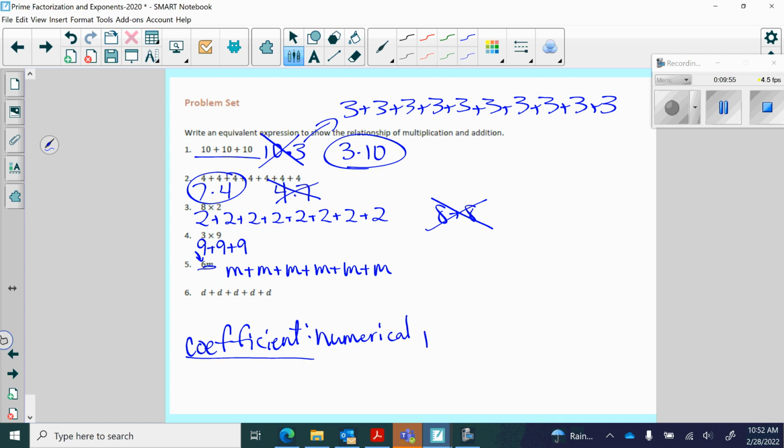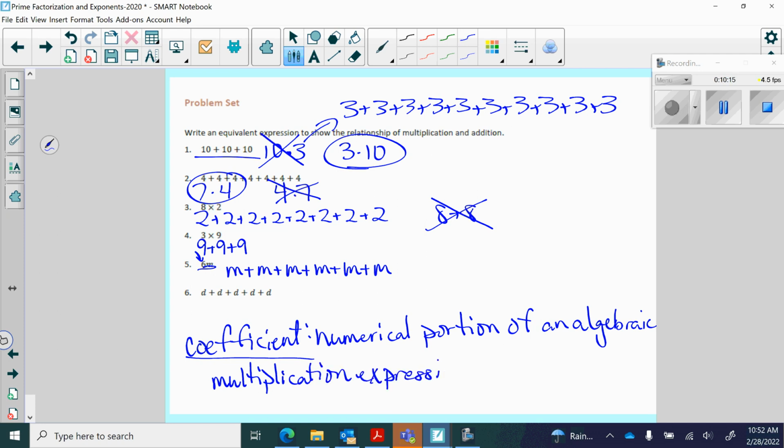This is the numerical portion of an algebraic multiplication expression. So this is basically the number piece. If I'm writing a number and a variable as a multiplication, the coefficient is the number piece.